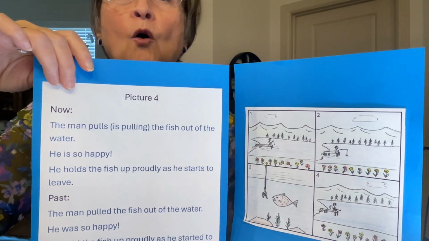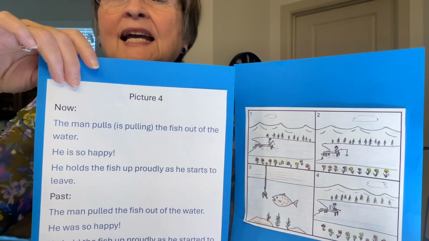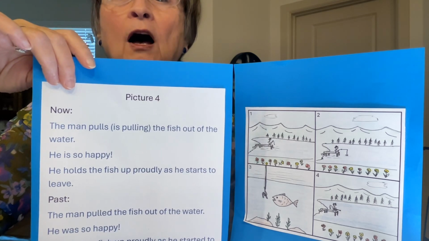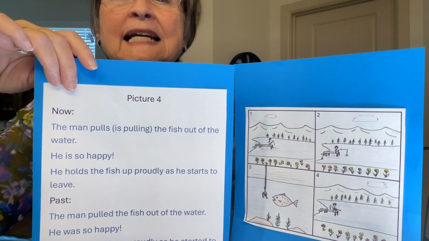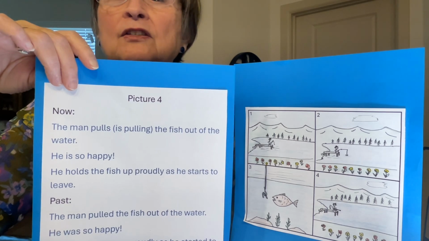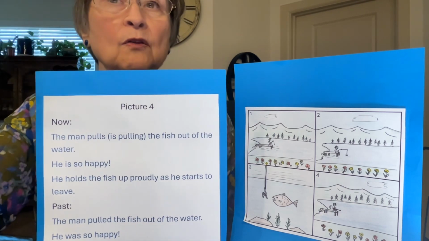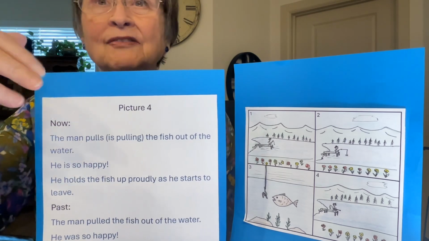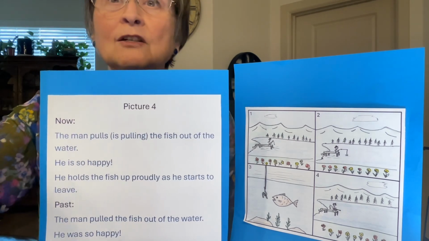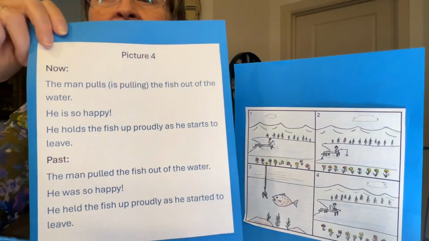He is so happy. He holds the fish up proudly as he starts to leave. I added some words so I could show you. You don't have to say exactly the words I use. You can say your own words.